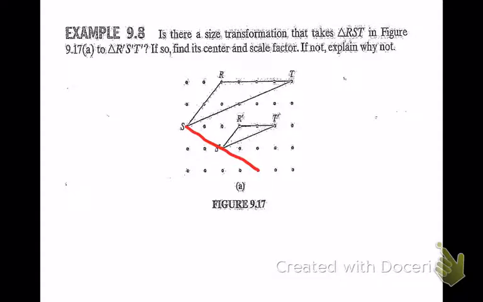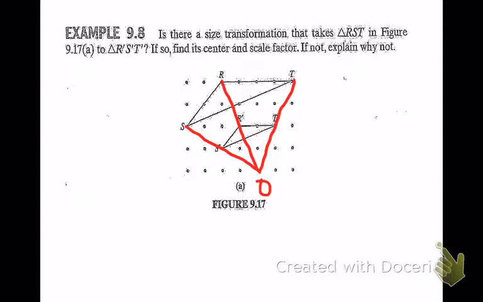Then you're going to do the same thing from R to R prime and extend it. It should meet in the same place if it's a size transformation. And we do the same thing with T and T prime. They all meet at O. Its center would be O, this point.